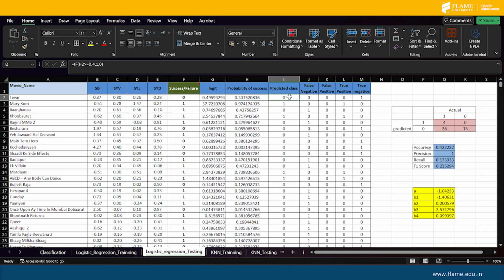If I change it, your accuracy increases to 0.48. It was initially 0.41 and now it is 0.48. So by tuning this cutoff probability, you can easily improve the performance of your model.